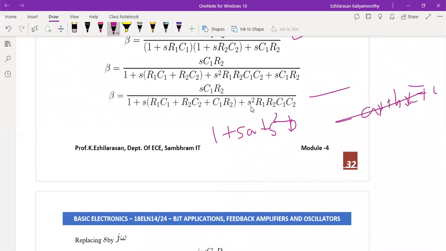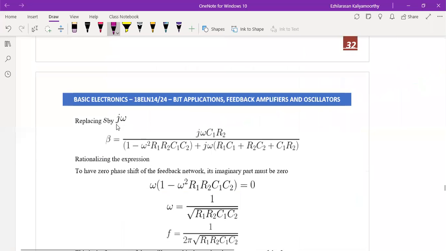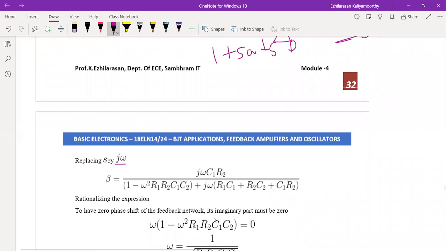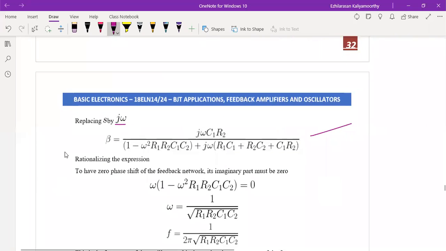That kind of expression you have to bring up. Now replace s by j omega. Once you replace s by j omega, simplify the expression, just rationalize it to have zero phase shift of the feedback network. Finally, once you simplify, you may get it like this.